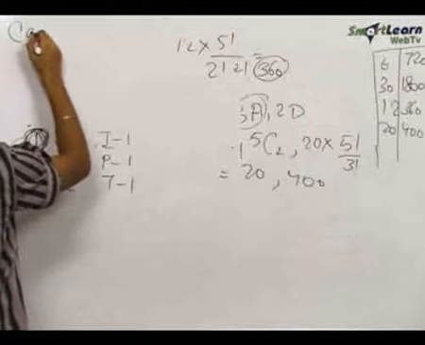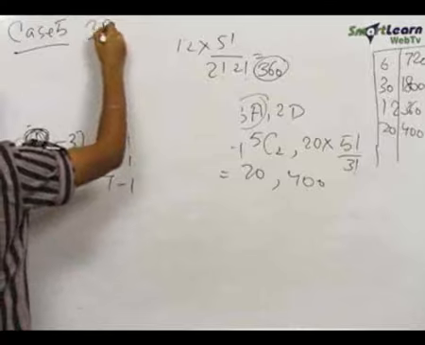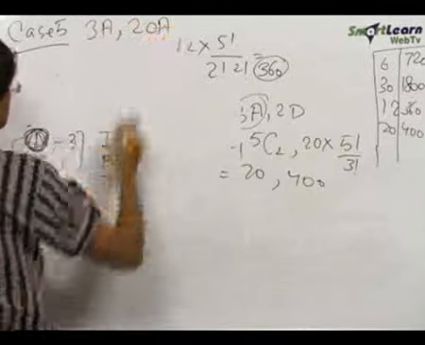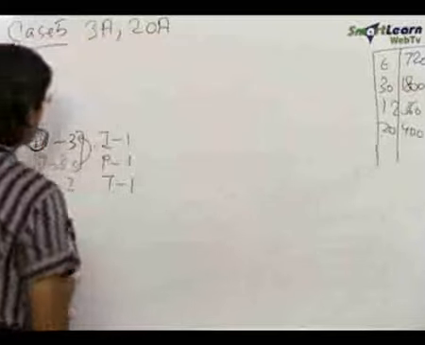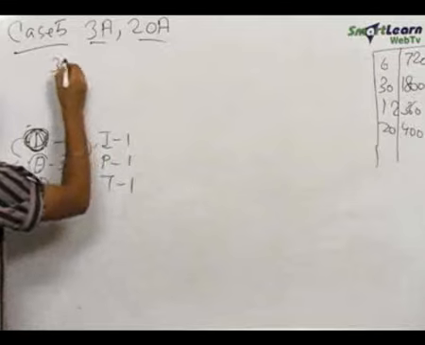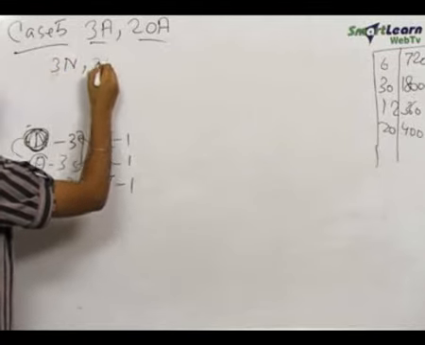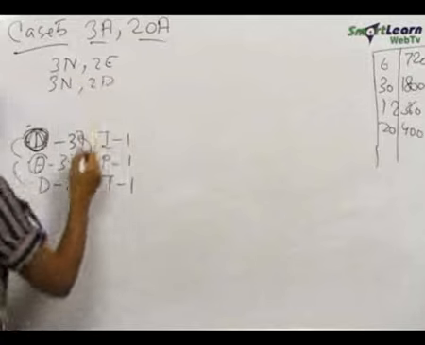Now comes our case 5, which is 3 alike, 2 others alike. So in this case, we want to select 3 alike and 2 others alike. We can have 3N, 2E. We can have 3N, 2D.